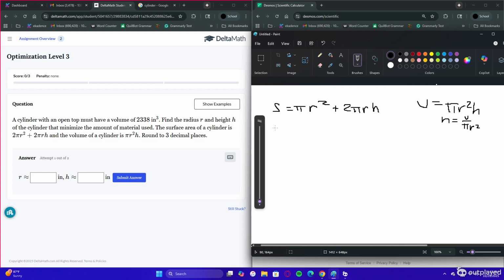So now we have s equals pi r squared plus 2 pi times r times h, which is v over pi r squared.